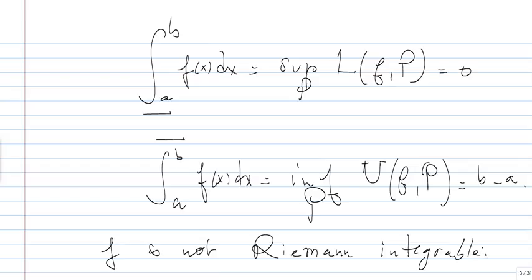But let's say something very interesting and very important. What happened to the upper Riemann integral? You see, it is the same as the integral of the function 1 over the entire interval ab. So in other words, what we said earlier is that it is as if you take the rationals out and you are integrating only on the irrationals.